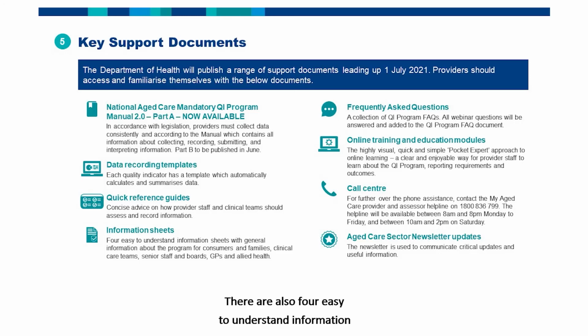There are also 4 easy to understand information sheets with more general information about the QI program for consumers and families, clinical care teams, senior staff and boards, as well as GPs and allied health. A collection of the QI program frequently asked questions, or the Q&A, will be published as a FAQ document.